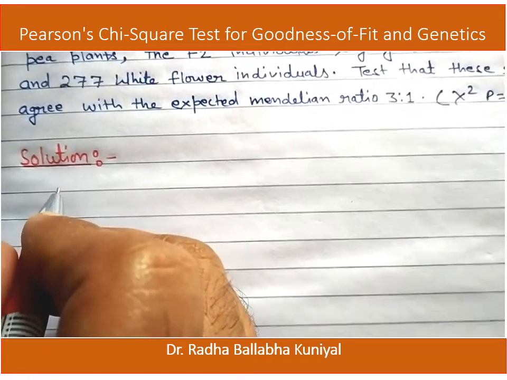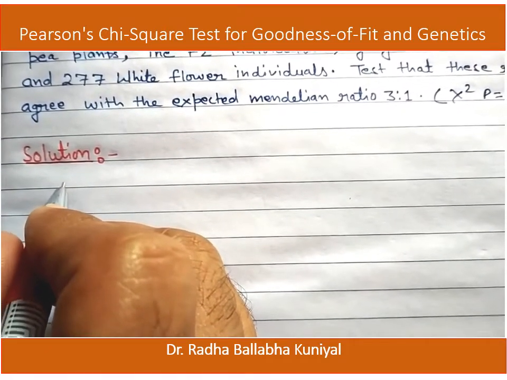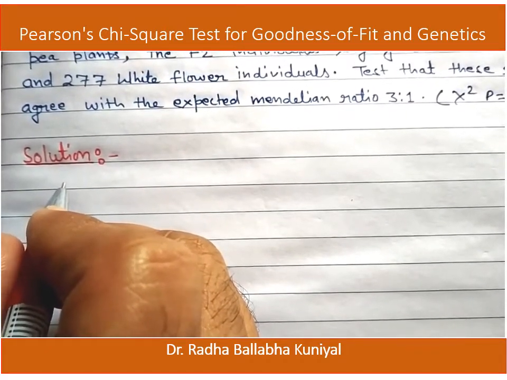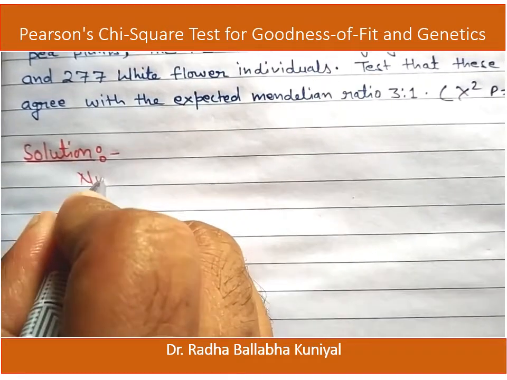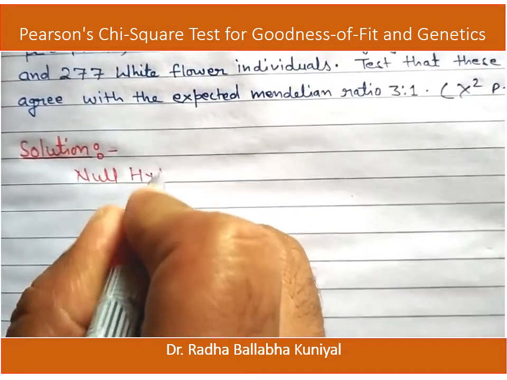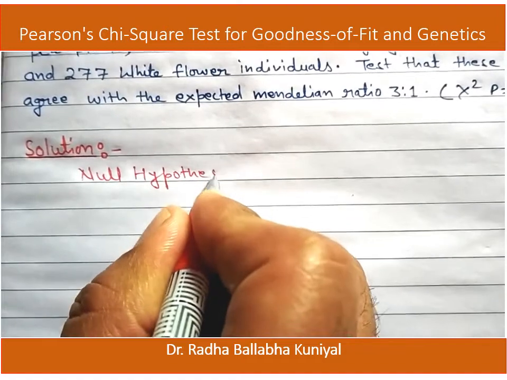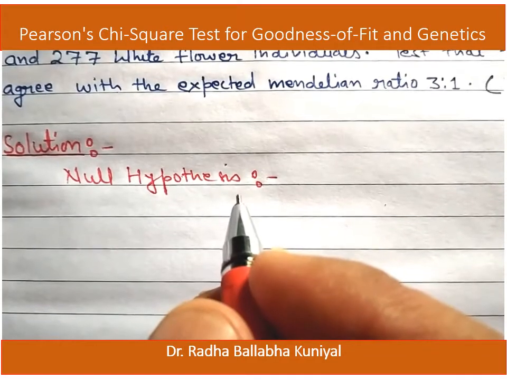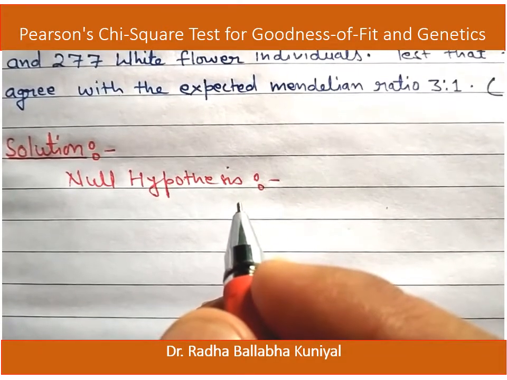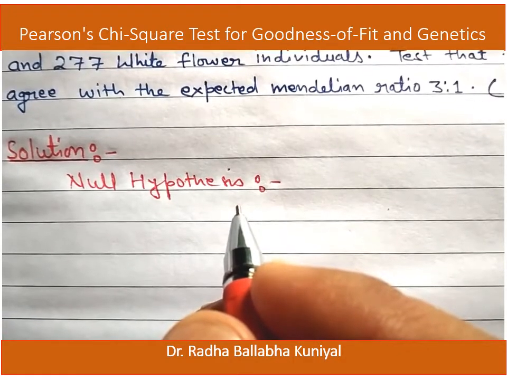To solve this genetical problem, first of all, we will assume the null hypothesis. The null hypothesis states that there is no significant difference between two variables.